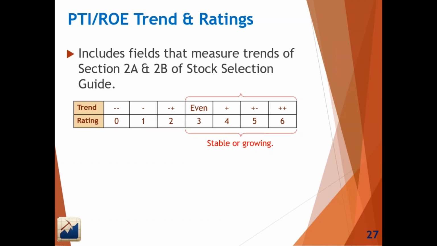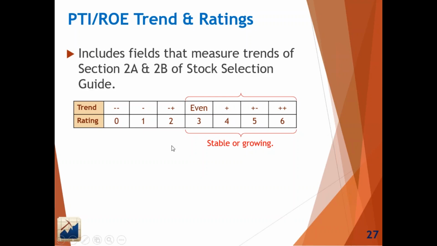They're on a 0 to 6 basis, or you can use the trend, which gives you that little series of boxes that you can turn on and off. So even is a rating of 3, slightly up is a rating of 4 or 1 plus sign, plus minus is even better at 5, and then plus plus is a rating of 6.